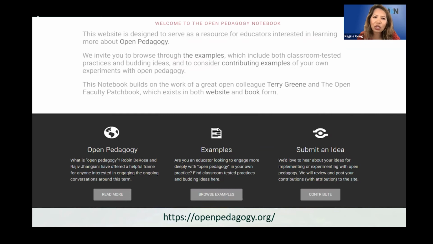This is a collection of examples and case studies, which are classroom tested, and some budding ideas or practices that you can incorporate as you are getting your feet wet in the area of open pedagogy. So we use a lot of that.